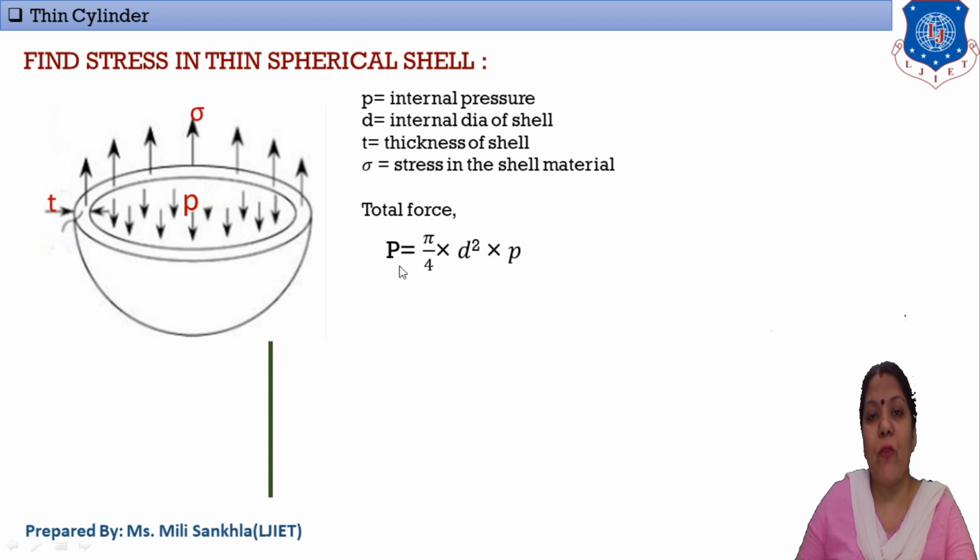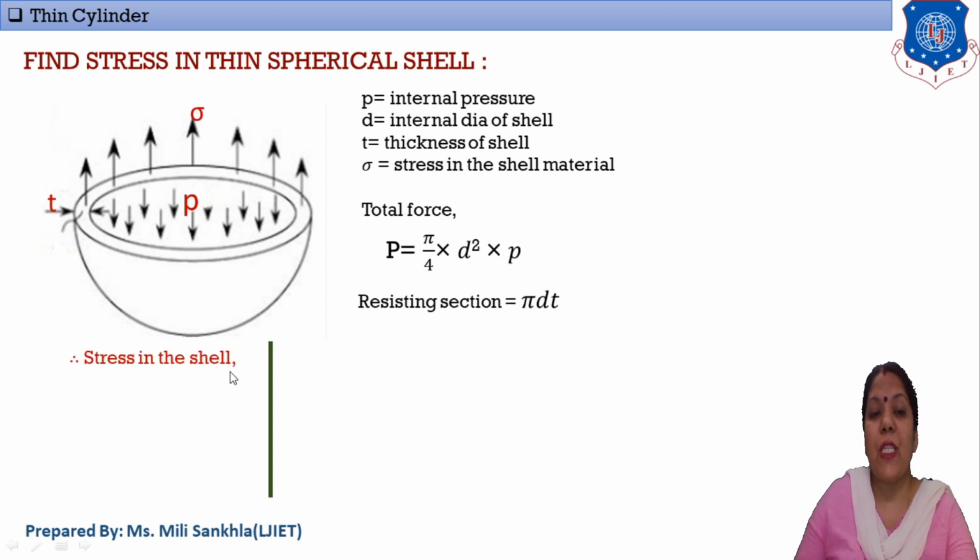Okay, here we get the value of total force that acts inside the sphere. Now resisting section: again in this spherical vessel, resisting area is equal to circumference of our sphere, that is pi d, also multiplied by our thickness.